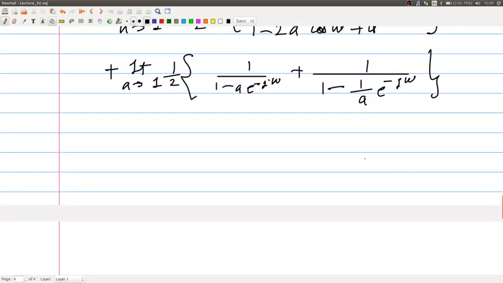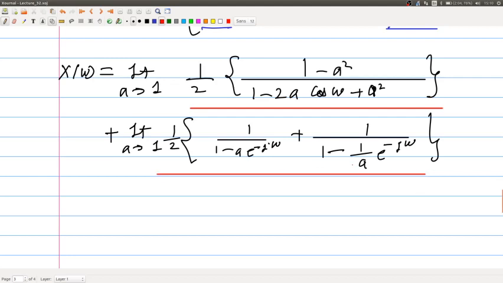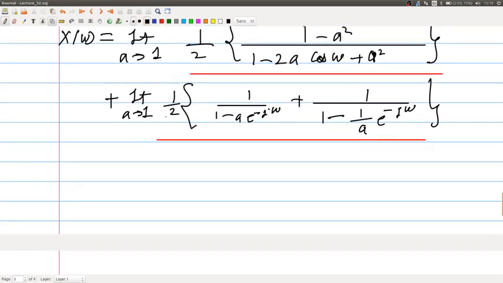So when you apply the limit on both of these, in the first term we have already seen that this comes as a summation of impulses, and these two terms will become equal when you apply the limit a tending to 1 here, so this half will cancel out.